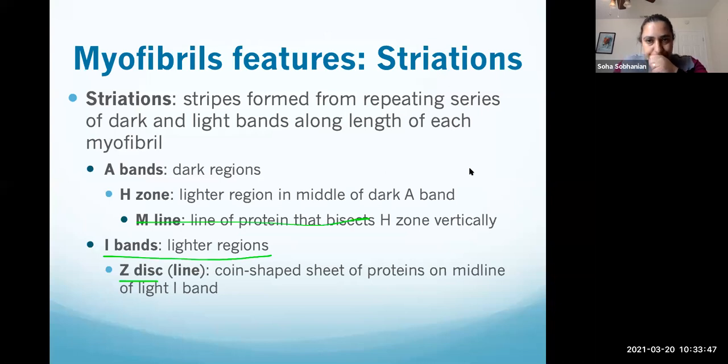Again, I want to make sure you're making the connection: why is the striation pattern important? Why do I keep mentioning there are stripes? Because that's basically where your actin and myosin are and where they're interacting with each other to cause muscle contraction.